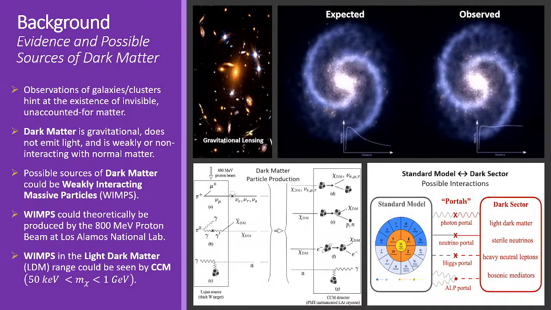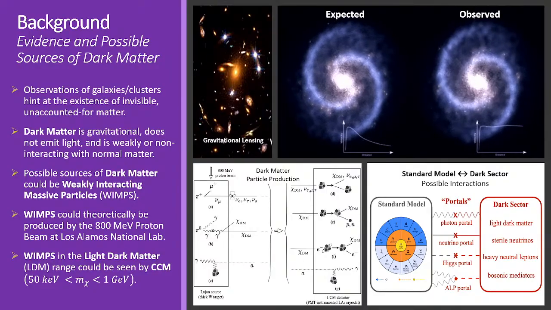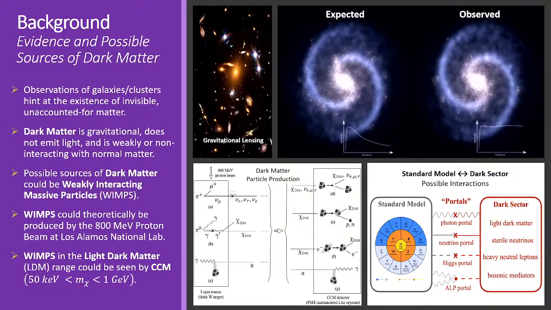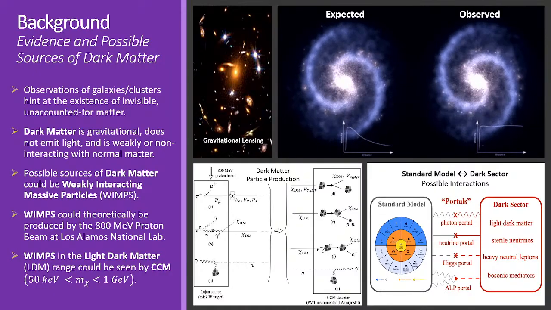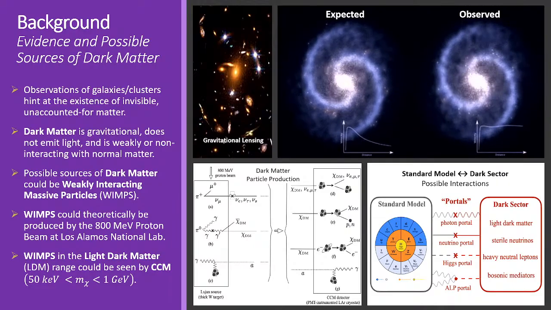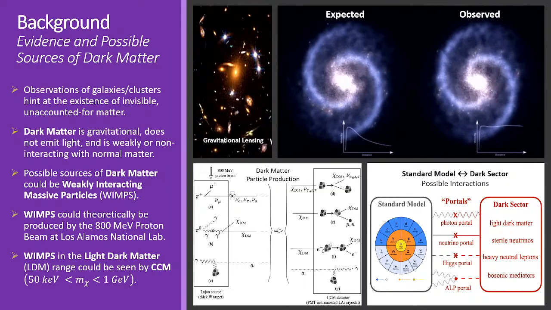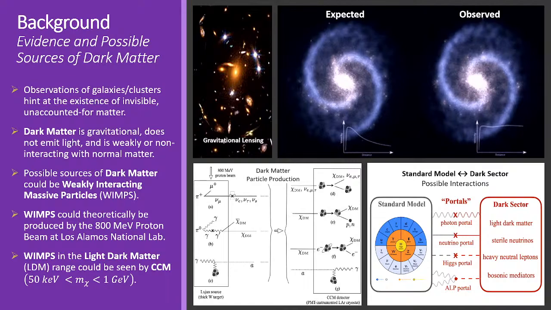First things first, let's talk about dark matter. Observations over the century have concluded that there's some unaccounted for matter that can't really be explained by the standard model. We see this in gravitational lensing. We see this in the fringes of galaxies moving faster than expected. So we know that dark matter is gravitational, doesn't emit light, and is weakly or non-interacting with normal matter.